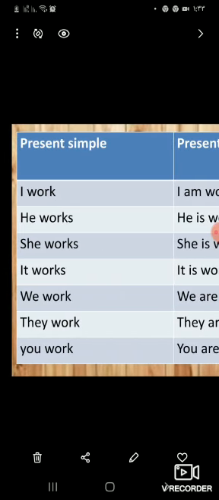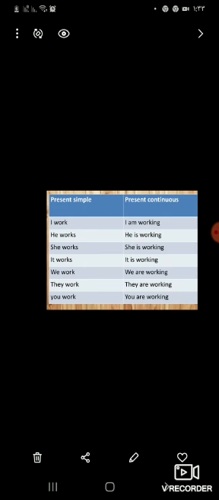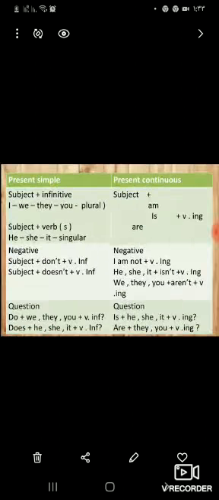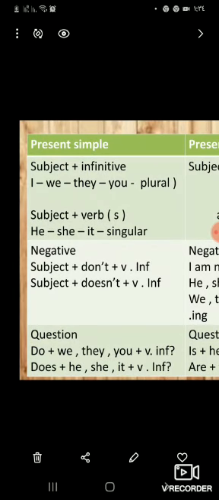difference. First, let's see what this tense even looks like. What does it sound like? So with the present simple, we take the subject plus the verb in the bare infinitive. We use the bare infinitive with the subjects I, we, they, you, and plural nouns.